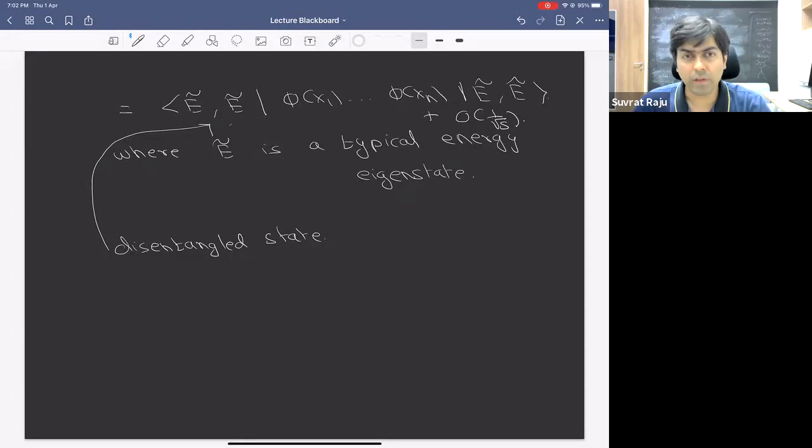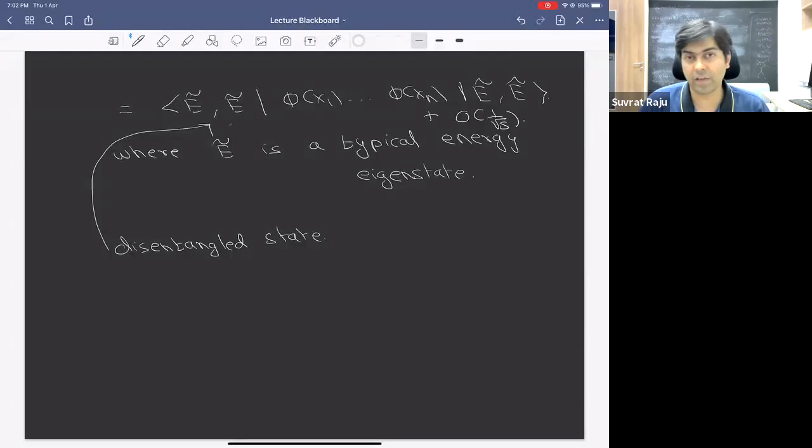Now, this by itself is an important part of the logic, but it doesn't immediately seem to be a contradiction, because somebody might have said, fine, but a disentangled state, after all, is still like a black hole on both sides, because here E tilde is a typical energy eigenstate.